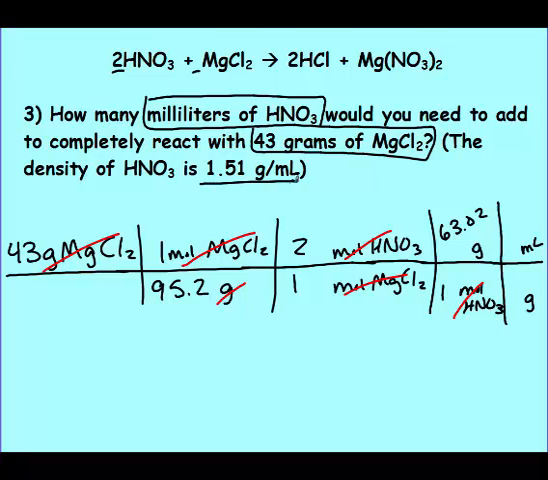My density is 1.51 grams for every 1 milliliter. My grams cancel, I'm left with milliliters, so I must be done. Multiplying and dividing, I get that, but I only want 2 sig figs.